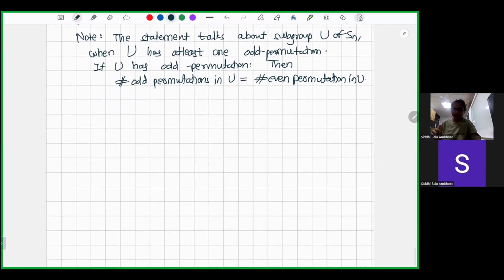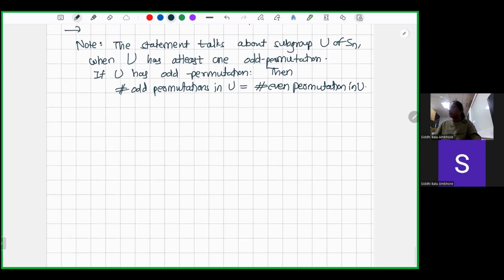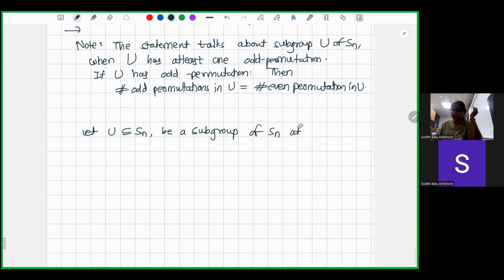So let us start with this. Let U, a subset of Sn, be a subgroup of Sn containing at least one odd permutation.